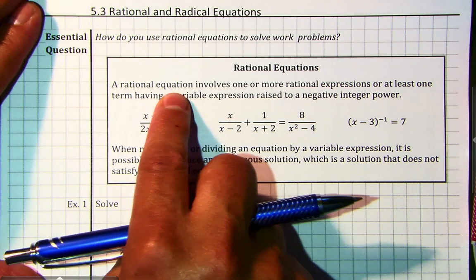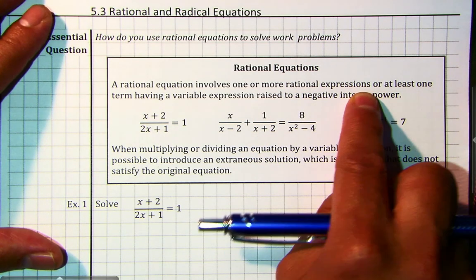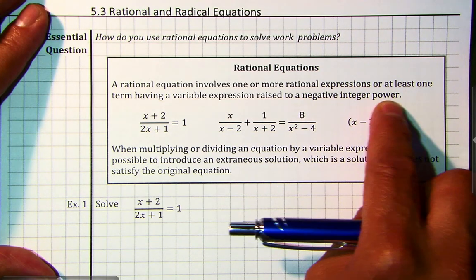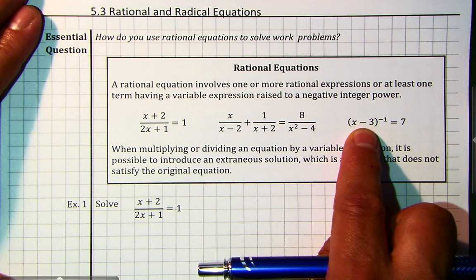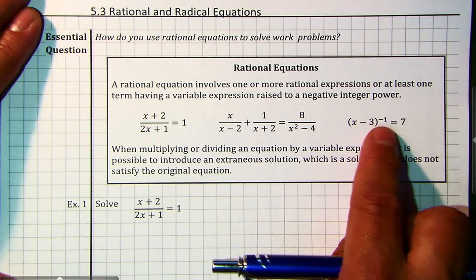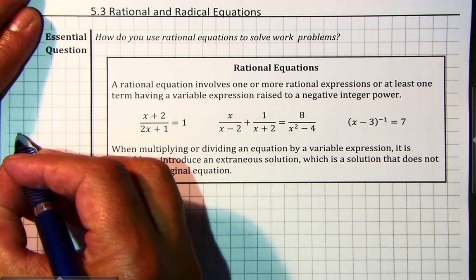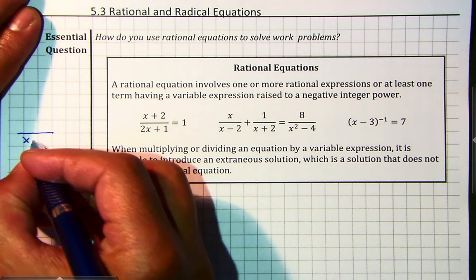A rational equation involves one or more rational expressions, or at least one term having a variable expression raised to a negative integer power. So if you remember, another way to write this expression: what happens when you have a negative exponent? You can bring it down to the denominator and make it a positive exponent, so therefore we have x minus 3.